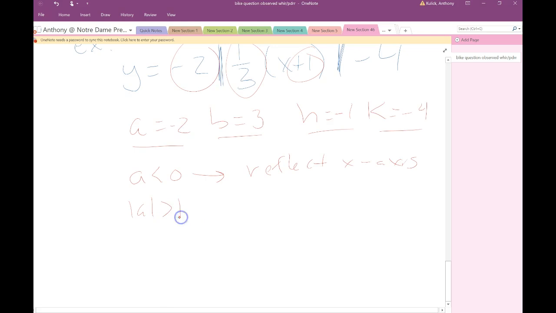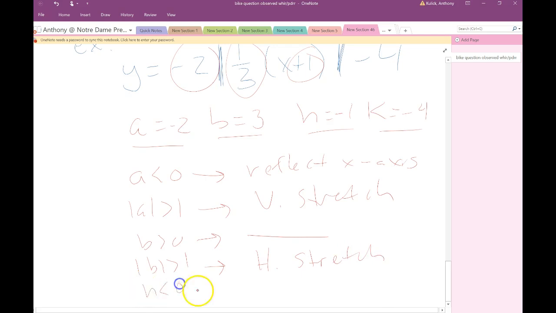Since the magnitude is bigger than 1, it has a vertical stretch. Now the b value is positive, so that doesn't do anything. But the magnitude of b is 3, which is greater than 1, so that tells us it's a horizontal stretch.